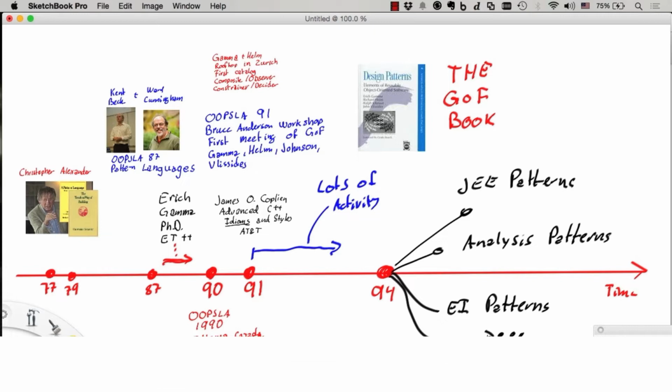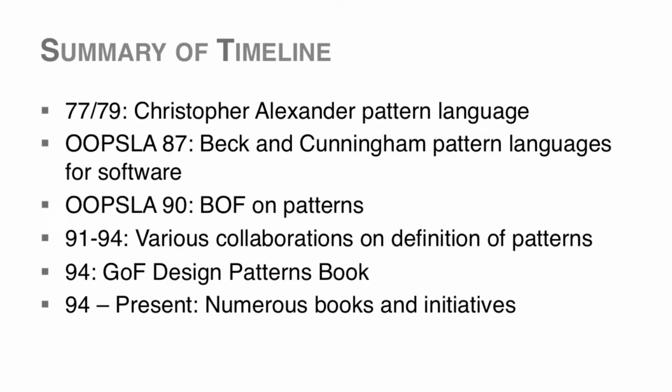So just to summarize the timeline, in '77 and '79, Christopher Alexander wrote these pattern language books for architecture, which is where Erich Gamma and the Gang of Four went back and got a lot of their inspiration for how to describe things. In '87, Beck and Cunningham had this pattern language for software sessions at Uppsala.